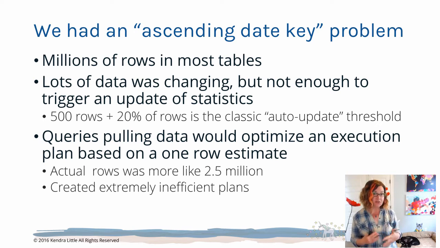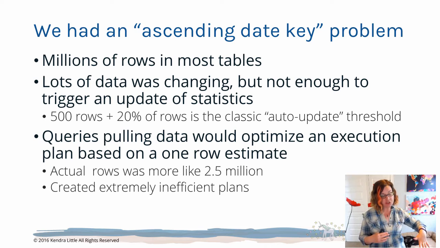We had millions of rows in these tables, but on the publisher, sometimes a bunch of data would change, but the amount of data changing was less than 20% of the rows in the table. And if you've got 10 million, 50 million, 100 million rows in the table, you can change an awful lot of rows without changing 20% of those rows.